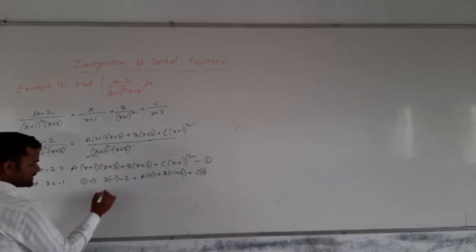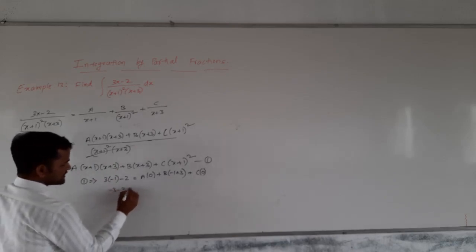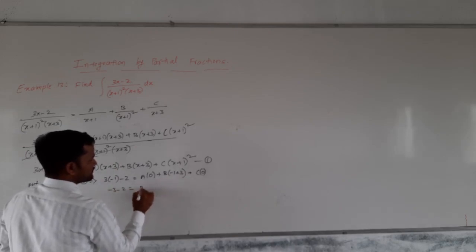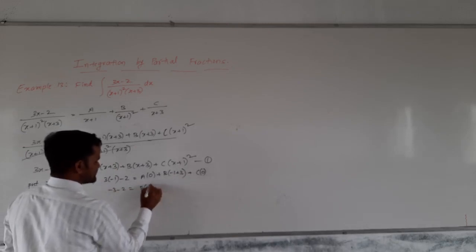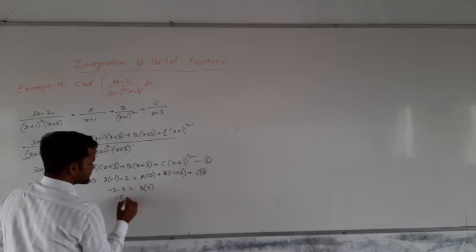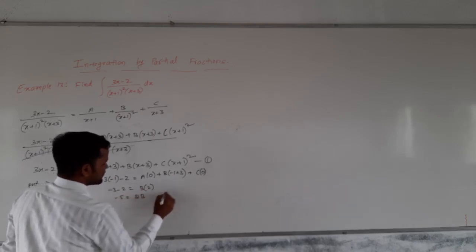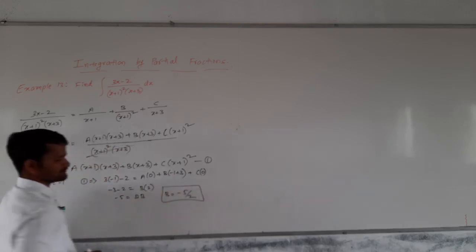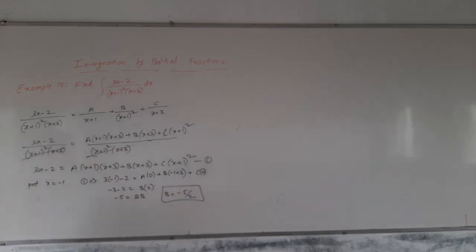We have this as −3 − 2 is equal to, this is 0 and that is 0, b into (−1 + 3) is 2b. This is −5 is equal to 2b. Then b is equal to −5/2. We got the value of b.